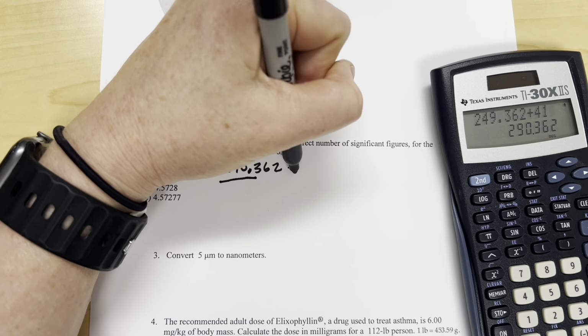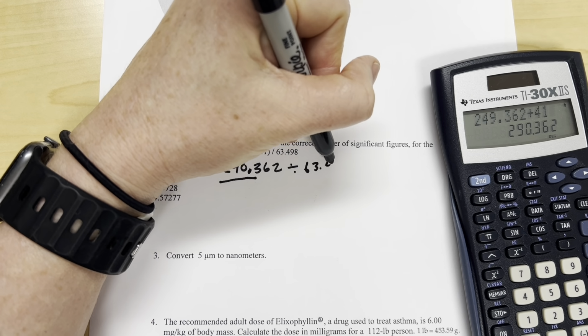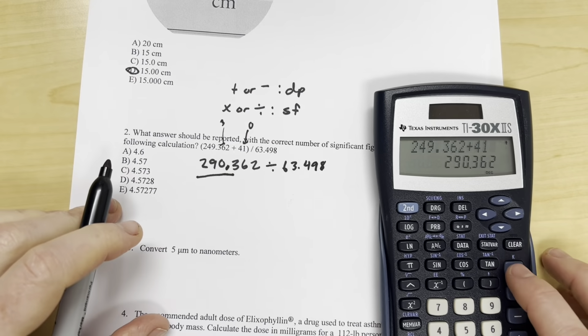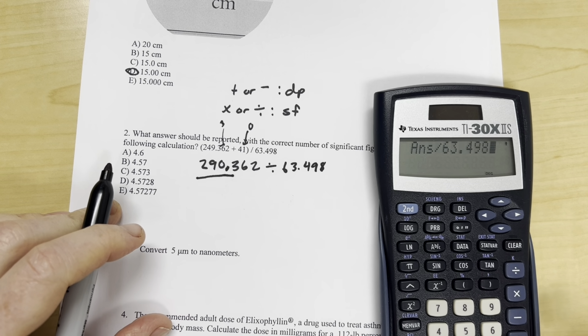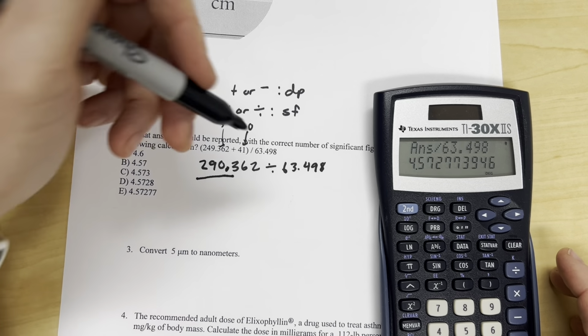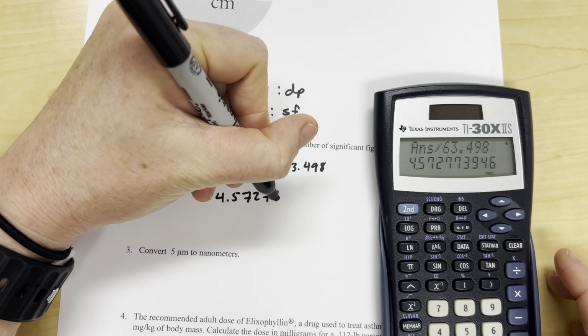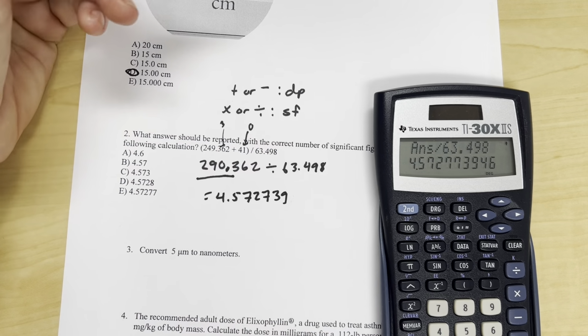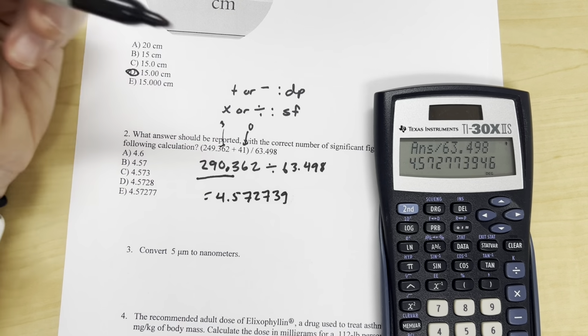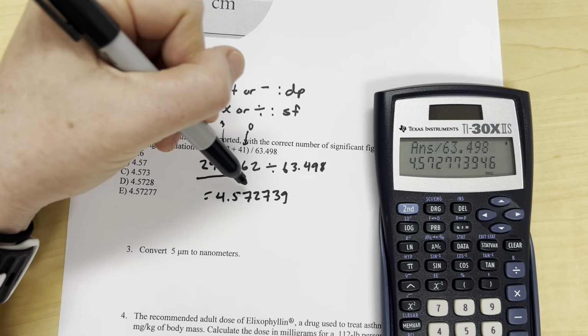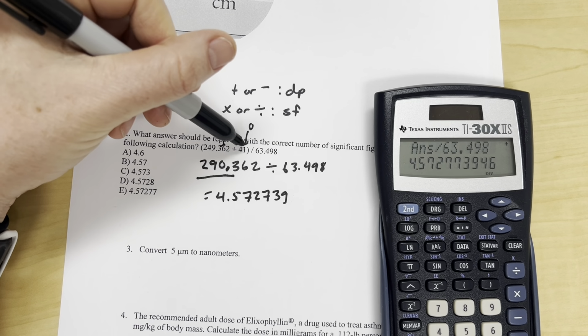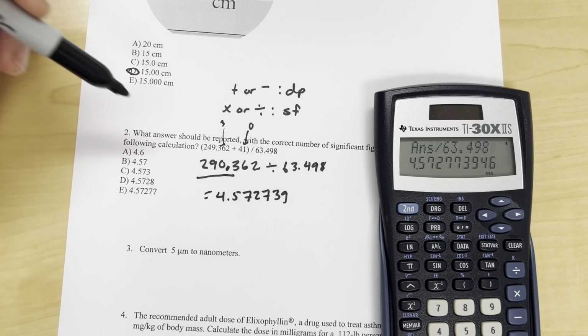Now we can divide it by the 63.498, and I get an answer of 4.572739, yada yada. But we divided, and when you divide, you look at sig figs. Now this number right here, we underlined the decimals to tell us how many sig figs there were for the next one.